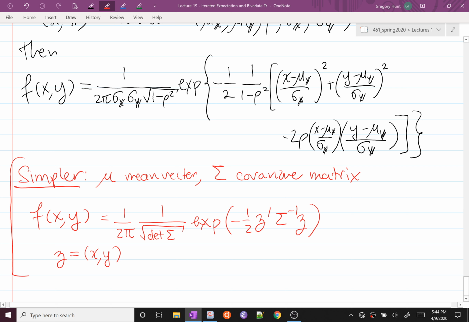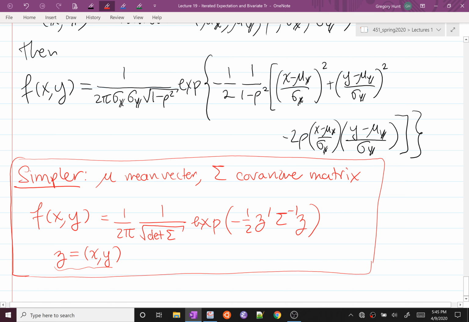So this is the real adult way of writing the bivariate normal. You parameterize in terms of a mean vector and a covariance matrix, where sigma inverse is the inverse matrix of sigma, and z is just my shorthand for x comma y, a two-dimensional vector. I'll let you think about why it's equivalent to the previous one, but that's a good thing to know.